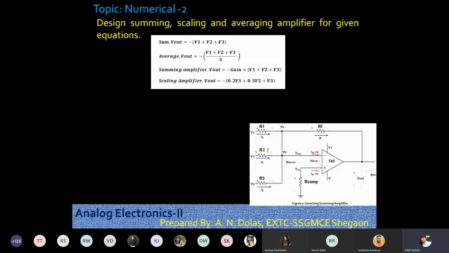We'll solve one by one. I will solve the design problem for minus of V1 plus V2 plus V3. I will solve for the average of V1 plus V2 plus V3. I will solve for summing and amplification of V1 plus V2 plus V3. And I will solve it for individual scaling factors for V1, V2 and V3.